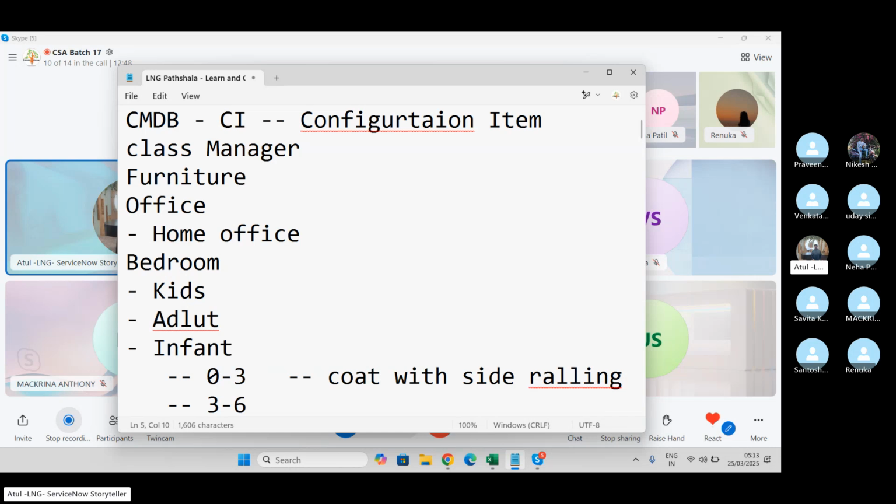But this is the heart of, at least I can say, any system or ITSM at least. You will not believe there are companies who don't have CMDB as of now.